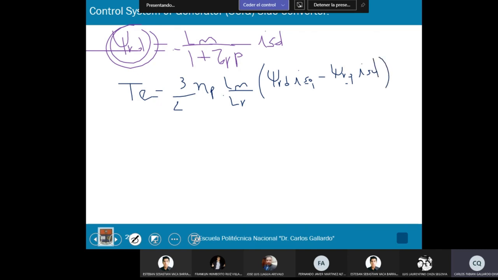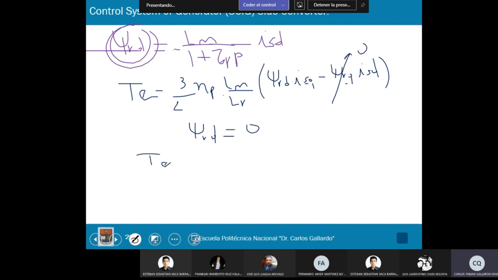Because I am working with a field-oriented technology, we know the rotor flux on Q axis is equal to 0. So I will put this term into the torque equation.